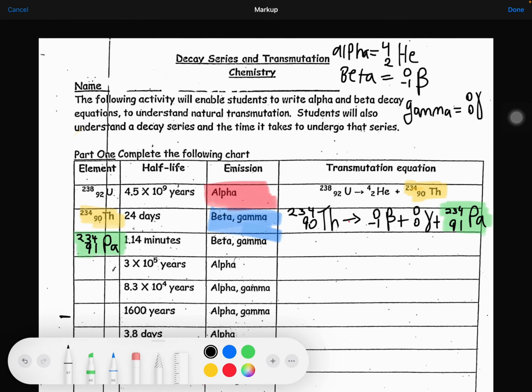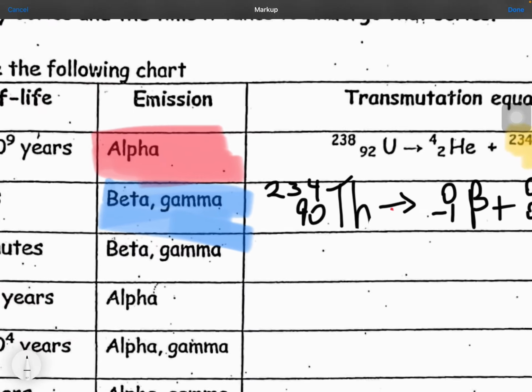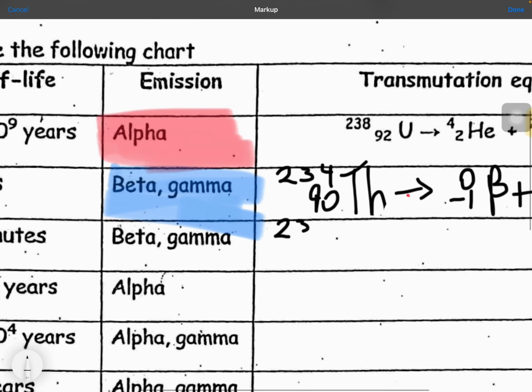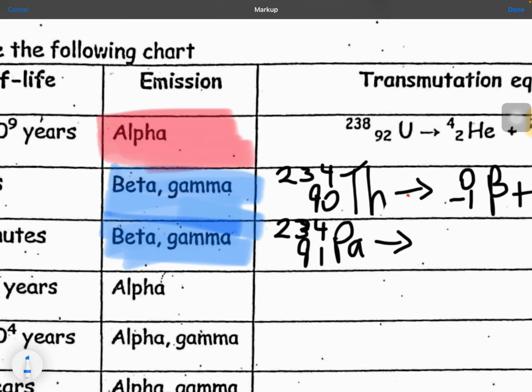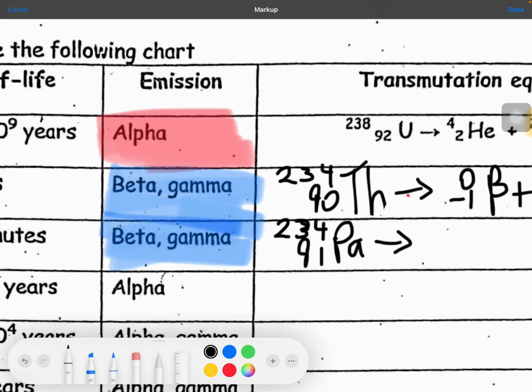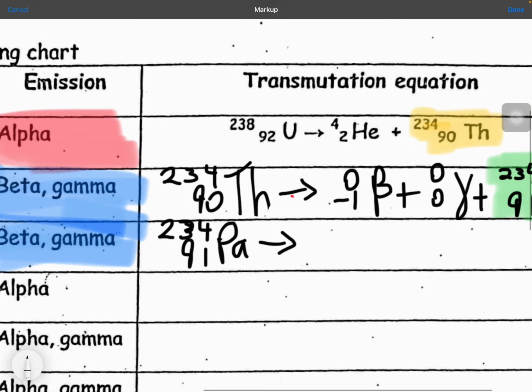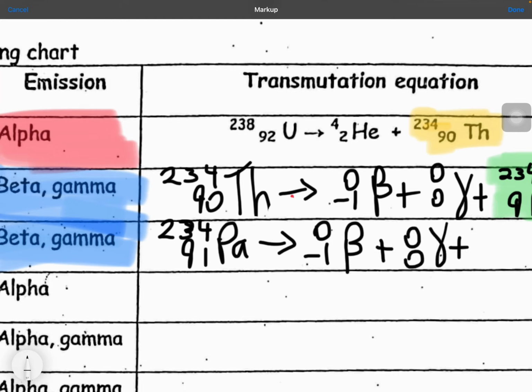So now we're going to start off again with 234 91 Pa, draw an arrow automatically, and again you see that we have a beta and gamma decay. So we're going to do that. Again, we'll draw our beta symbol, 0 -1 beta, plus 0 0 gamma, plus. Now again, it's just a matter of balancing the equation.